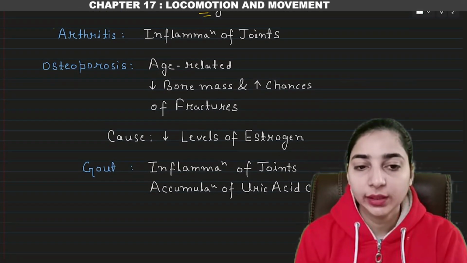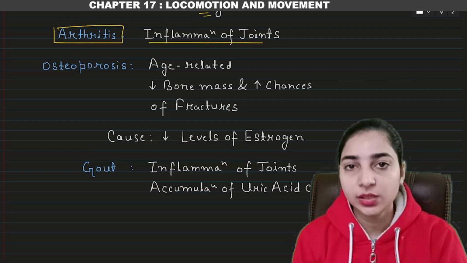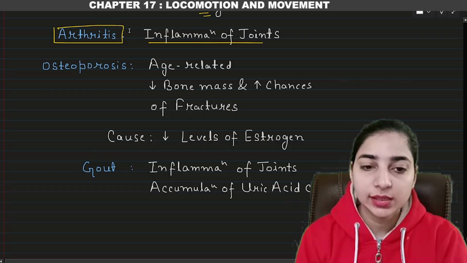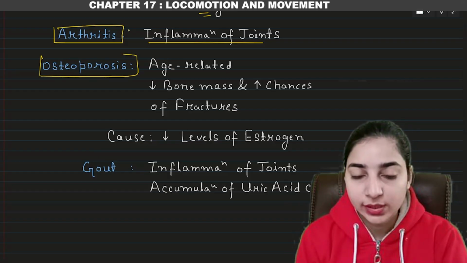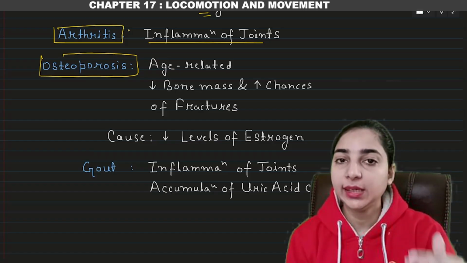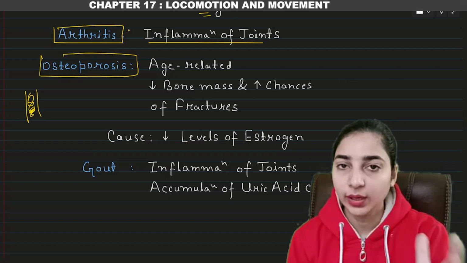Now the next one is arthritis. So arthritis is inflammation of the joints. Most of you would be aware of this disorder. Then the next is osteoporosis. Osteoporosis is an age-related disorder. It is caused due to decreased bone mass. So suppose this is bone. Bone has certain mass inside it.